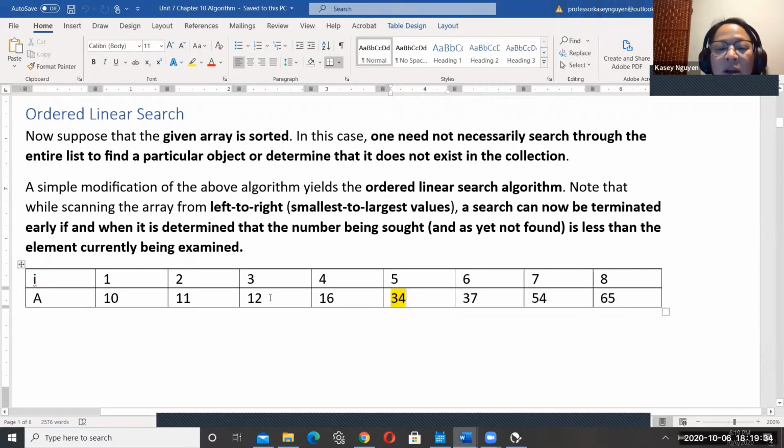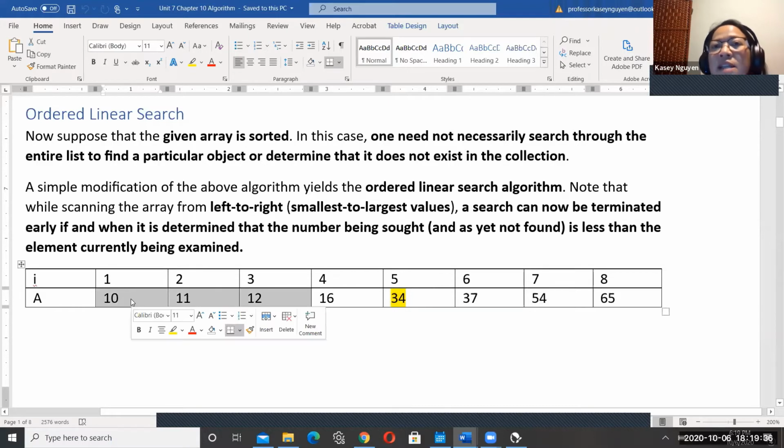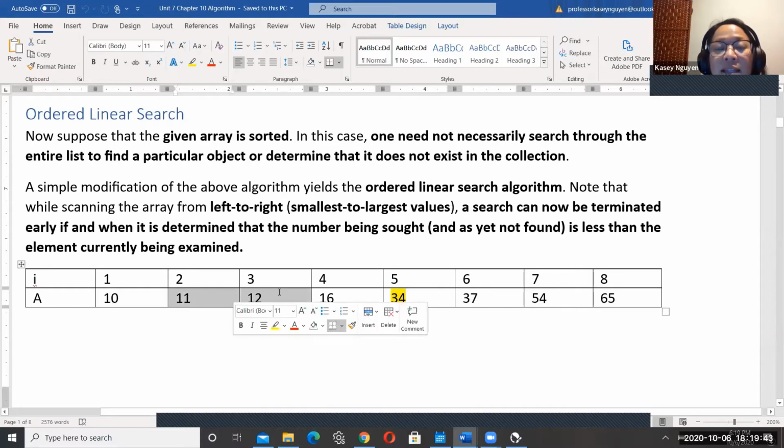If it's lower, we have it seek to the left. As soon as it gets here, it looks for 13, and since 12 is lower than 13, it says 13 is not found. So there is definitely an advantage to using the ordered linear search compared to the unordered linear search.